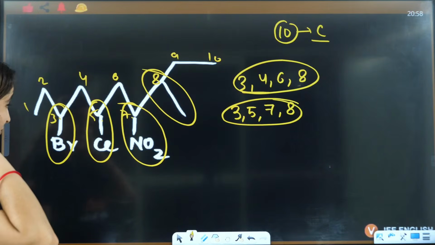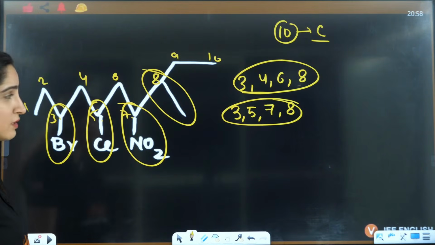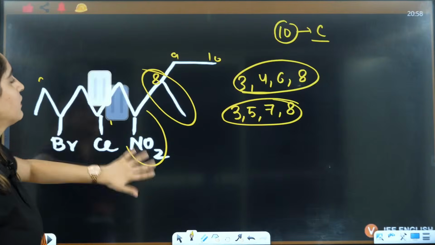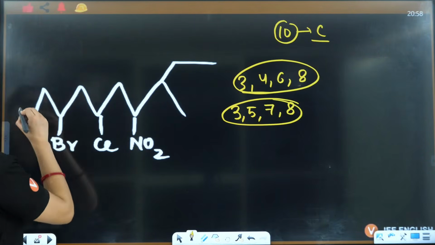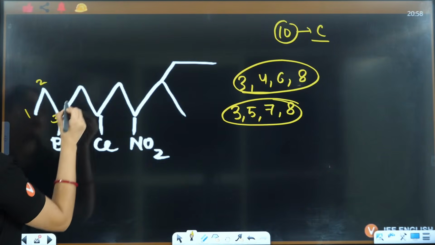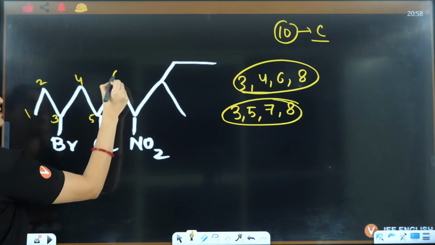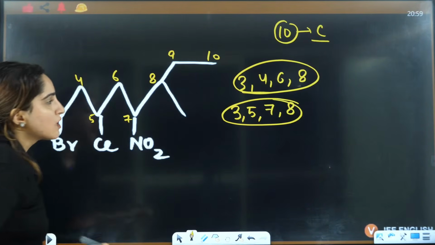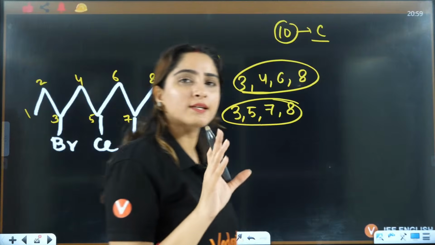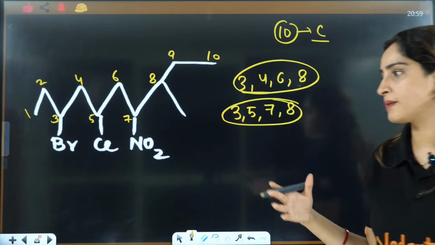So if I can give bromine the lowest number, I would prefer that only. I want to give bromine the lowest number, so I will prefer numbering 1, 2, 3, 4, 5, 6, 7, 8, 9, 10, because alphabetical order is competing with the multiple bonds, right?